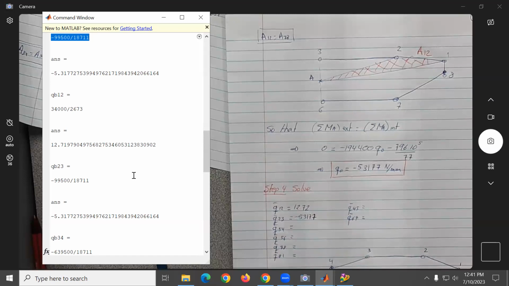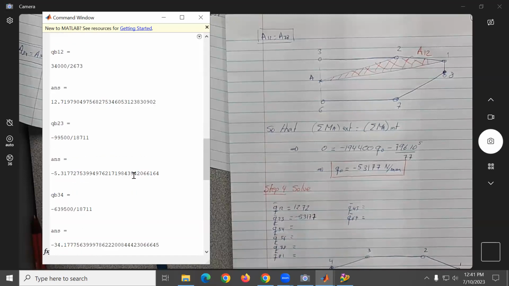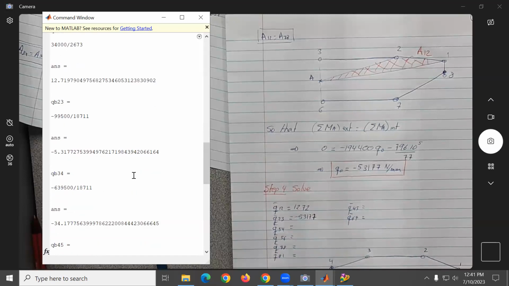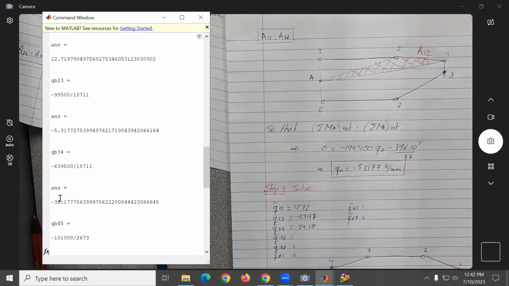Q34 equal to negative 13.177. I'm just going to put 18. Okay, start simplifying: 34.18. You should hear on the screen as well. I'm just copying from here.